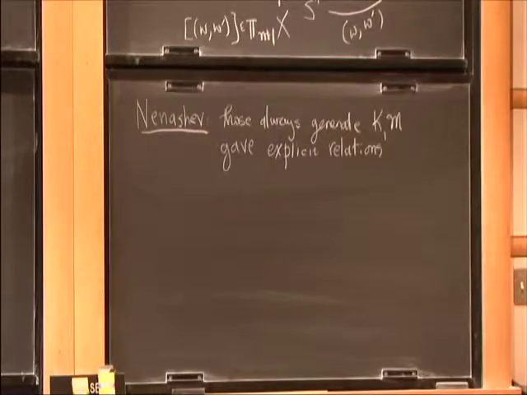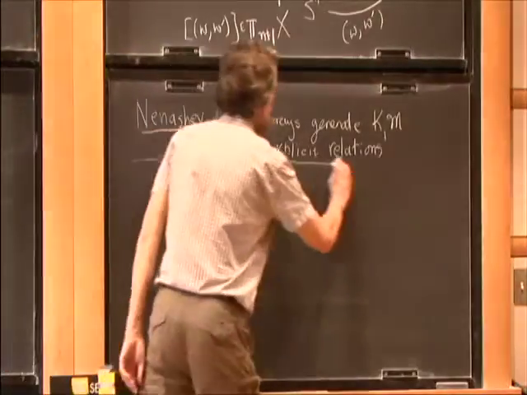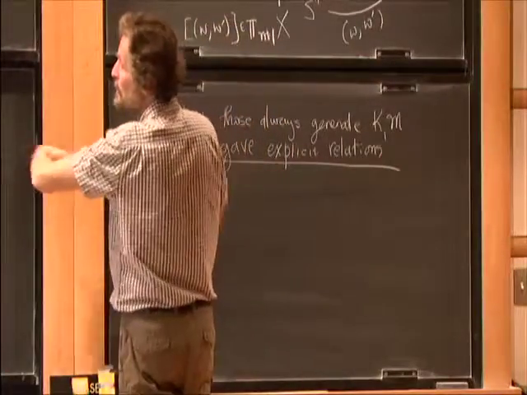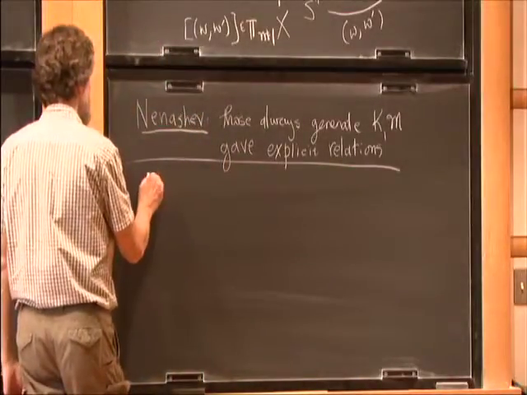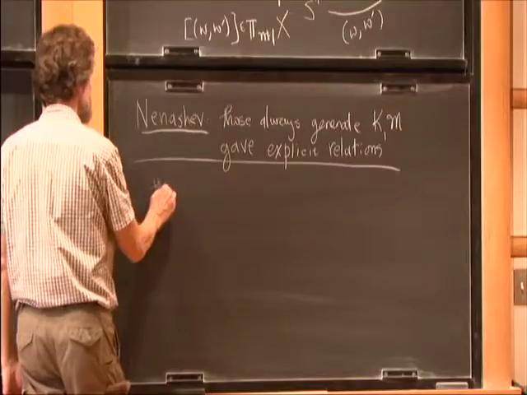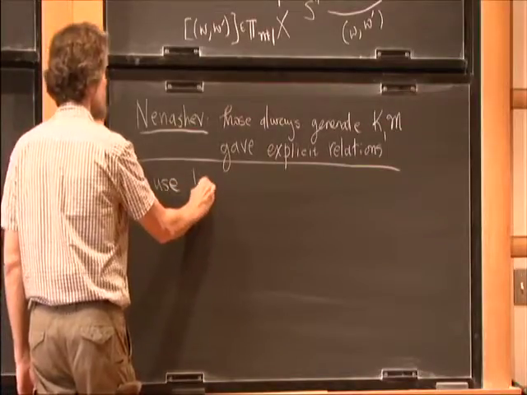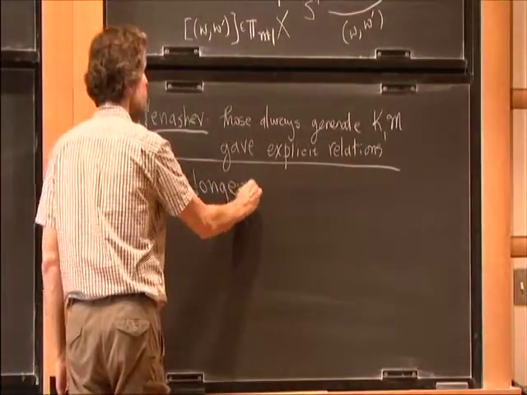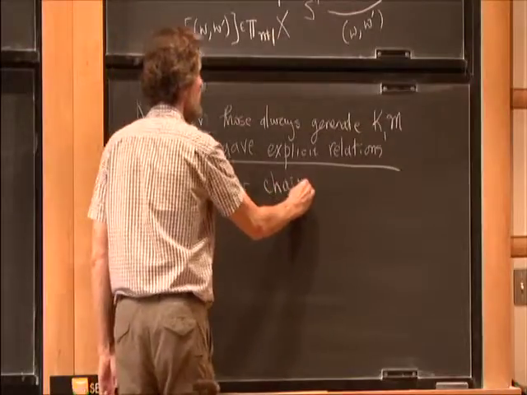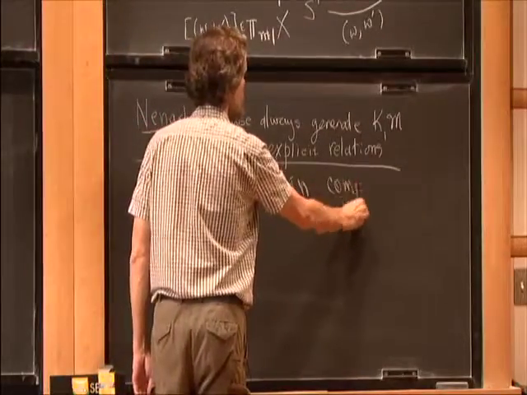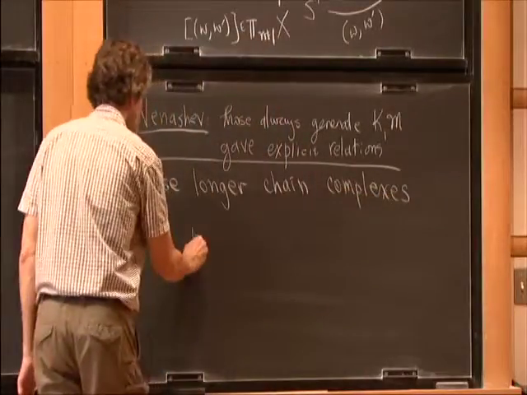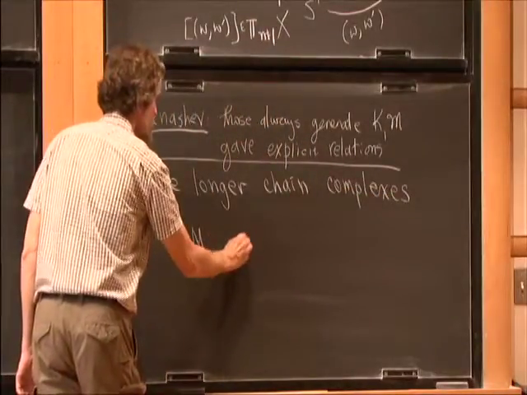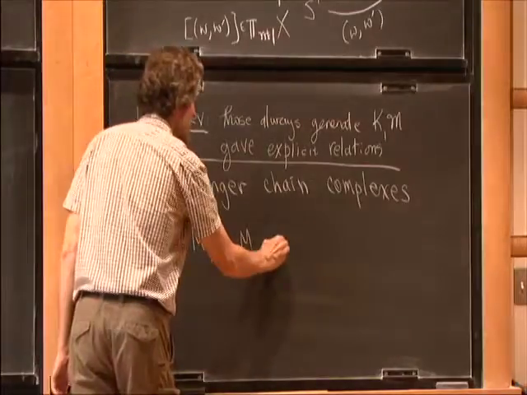So how do you go further? Well, going further requires lengthening the short exact sequences into longer chain complexes. So use longer chain complexes. For example, they would still be bounded.